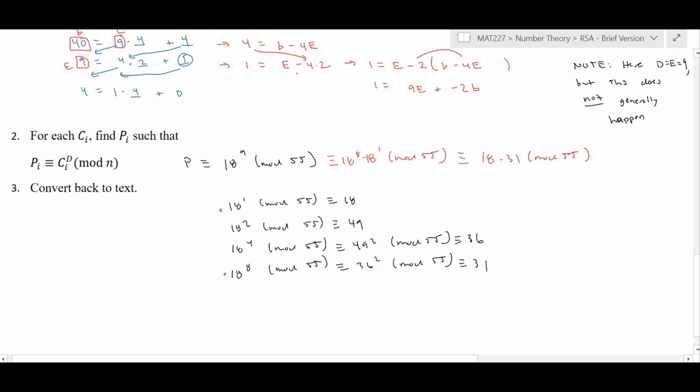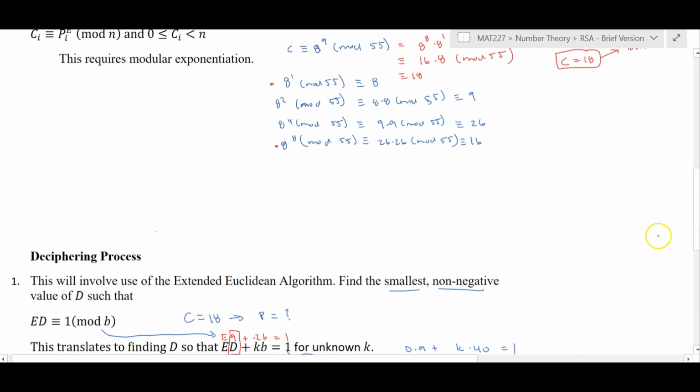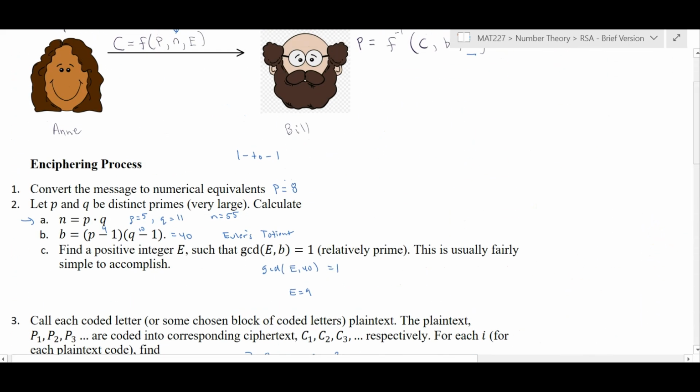So 18 times 31 is 558 divided by 55. 55 goes into it 10 times, so that leaves me with the remainder of 8. And so Bill would conclude at this point that, oh, Anne must have sent me P is equal to 8. And we can see, at least for this example, that this process is one-to-one, provided that we follow everything very carefully.